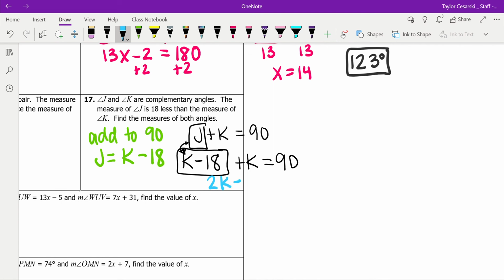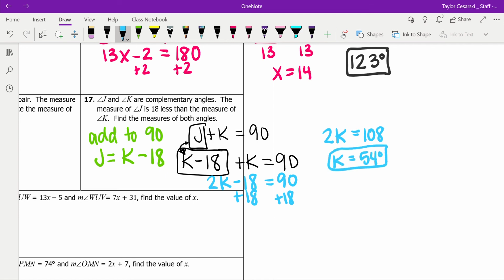So 2k minus 18 equals 90. Add 18. 2k equals 108, and therefore k equals 54 degrees. One more thing we have to do, it says find the measure of both angles. So J equals 54 minus 18, which is 36 degrees.